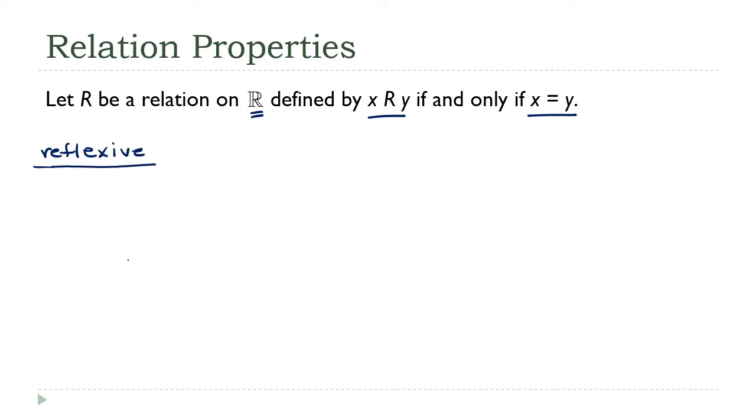So I'm going to start off with a variable here. Let x be a real number. Then x is equal to itself, so x is related to x. It meets this definition here. Okay, how about symmetry?